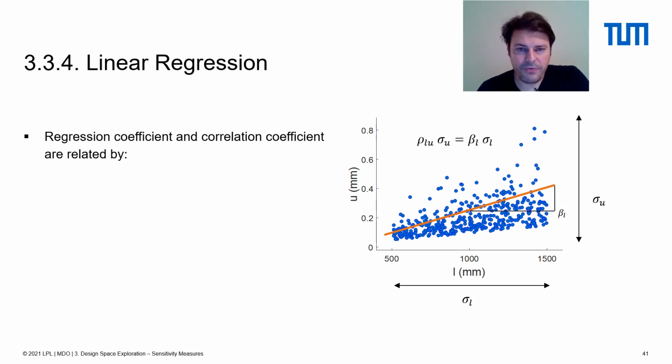The regression coefficient and correlation coefficient, they are related. And I would like to explain this using our little example here. So you can think of the regression coefficient as an average slope. So remember, we derived it from the best linear fit for these design points.